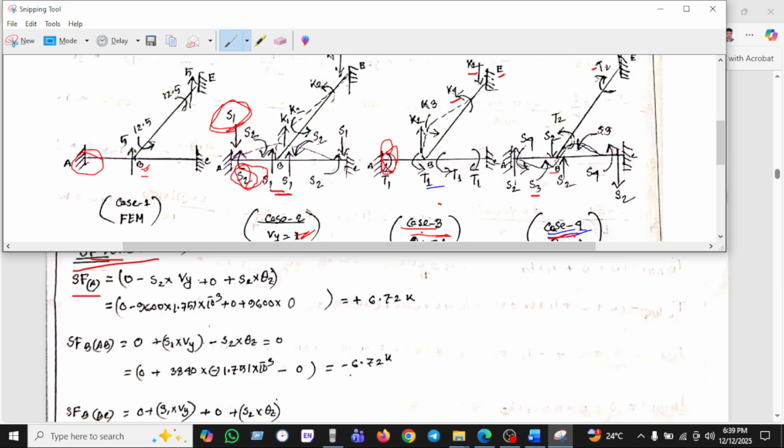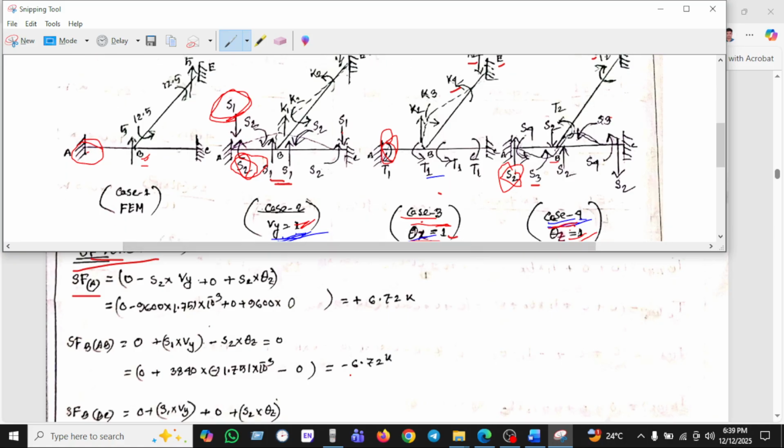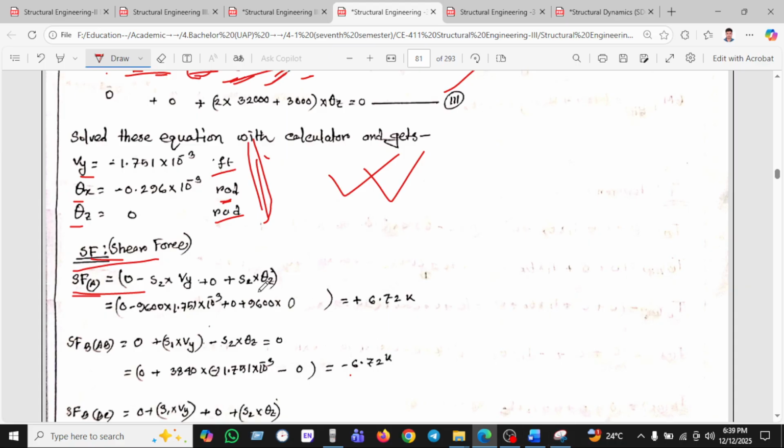And we'll go to the last one. We have found S2 is here, and it will be multiplied by theta z. It is the theta z case. So we take all the points when we calculate shear force at A, and find this value.